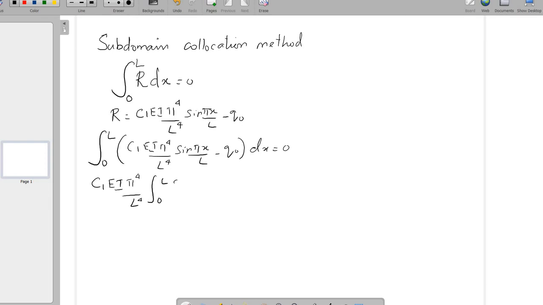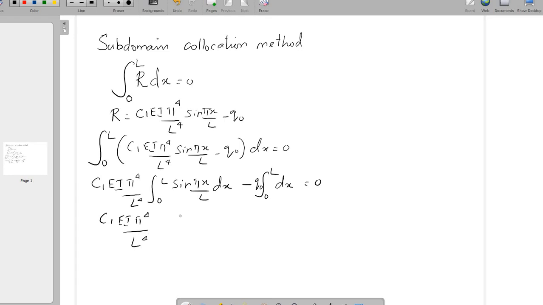So 0 to L sin pi x by L dx minus Q0 is the only constant, so you can put Q0 into dx, which is equal to 0. So C1 EI pi power 4 by L power 4.